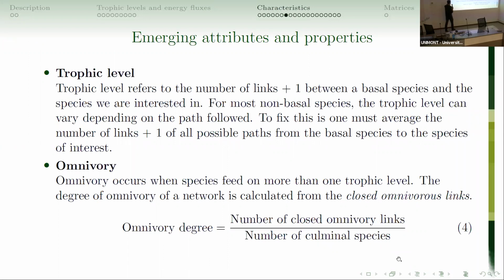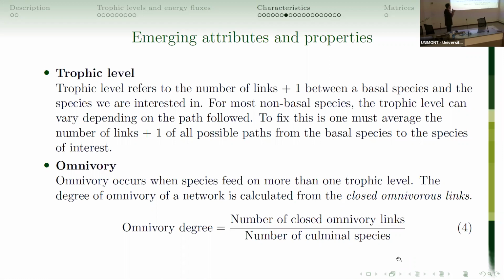Omnivory is also a very important parameter of food webs. What's an omnivore species? Okay, we have to differentiate between omnivore species and polyphagous species, right?